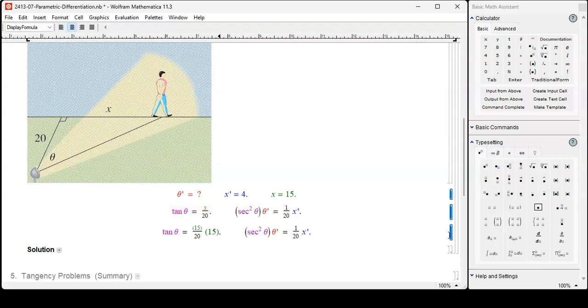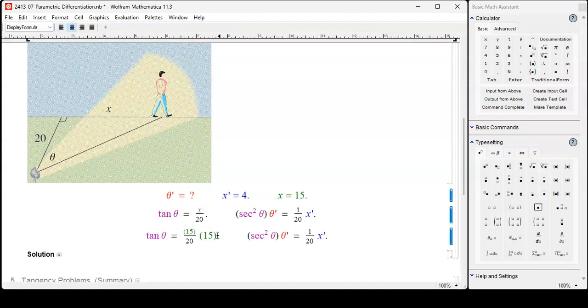Instead, let's increase the font for all. So 15 over 20, let's see, is it 3/4? Looks like it.